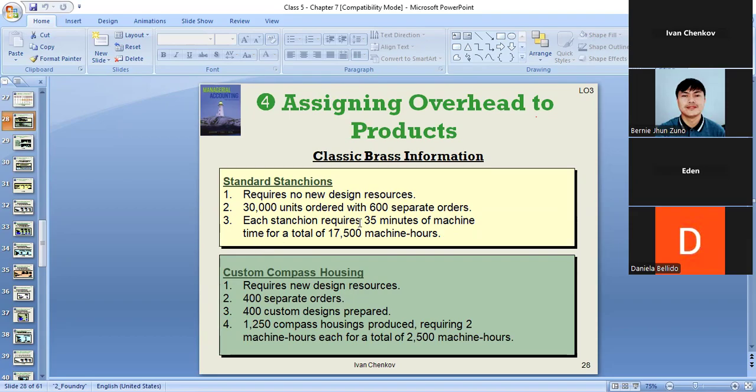Every sanction requires 35 minutes of the machine hours, or in total, they need 17,500 hours. So those 17,500 hours are only what we're using for this activity.